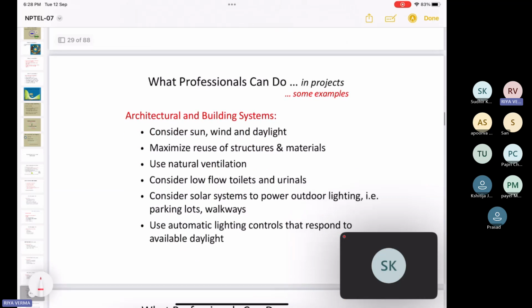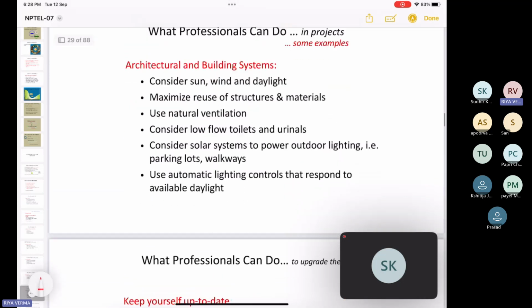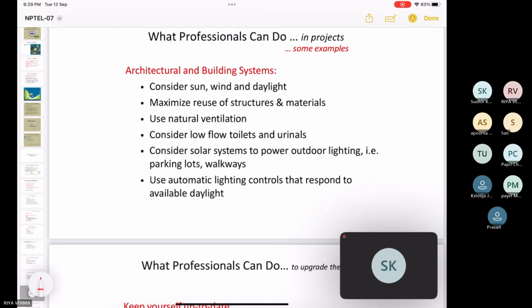In architectural and building systems, sorry. What we can focus on is that we should consider sun, wind and daylight during our architectural practices. While designing any house, we should consider the direction of the sun and the direction of the wind.